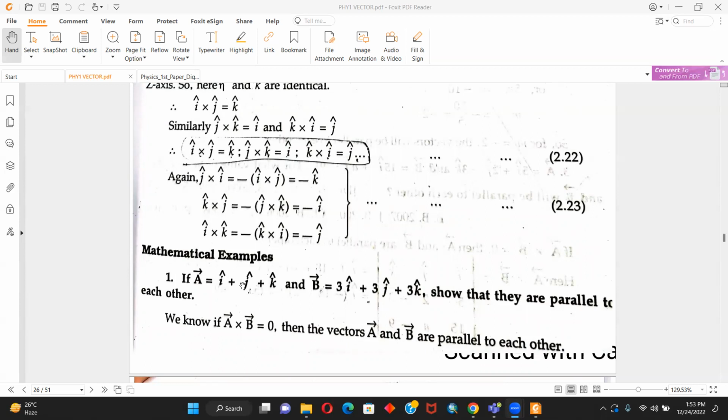How do you calculate the magnitude of a three-dimensional vector, a vector in a three-dimensional coordinate system? It is the square root of i's coefficient squared plus j's coefficient squared plus k's coefficient squared.